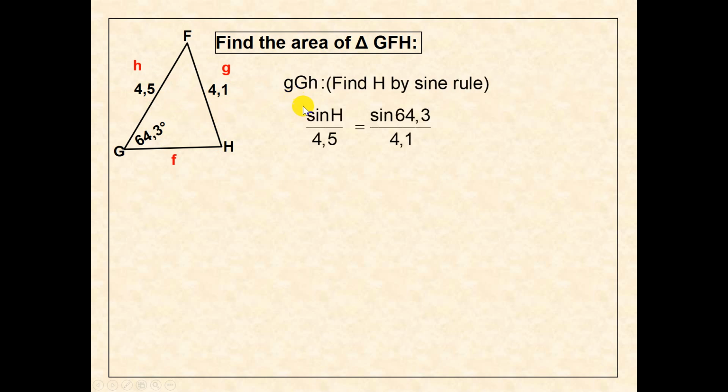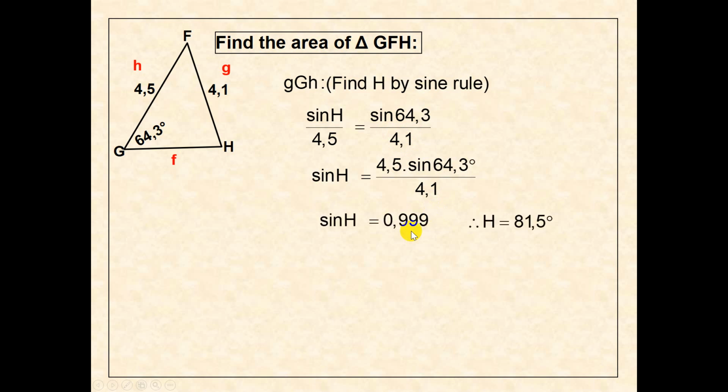So using the sine rule, we have sine H over 4.5 is equal to sine of 64.3 over 4.1. We're going to cross multiply: sine H times 4.1 equals 4.5 times sine of 64.3, and then we will divide by 4.1. We can use our calculator to work that out, and that will give us 0.999.